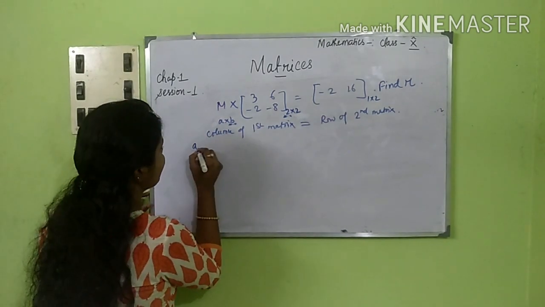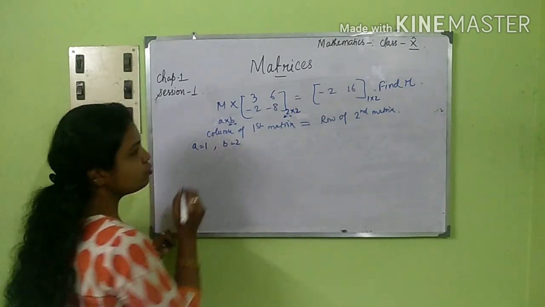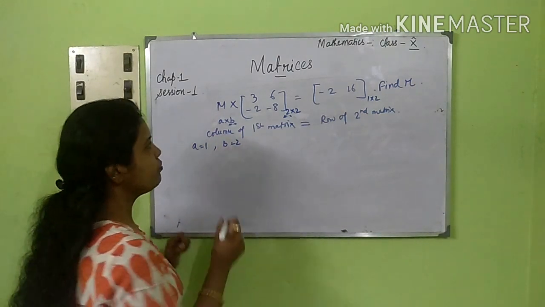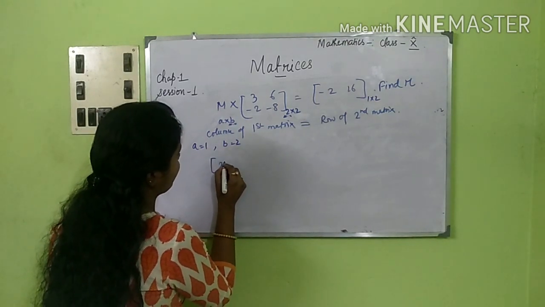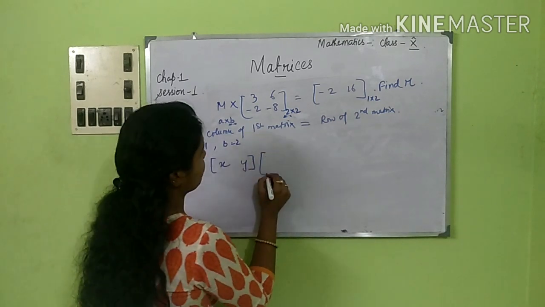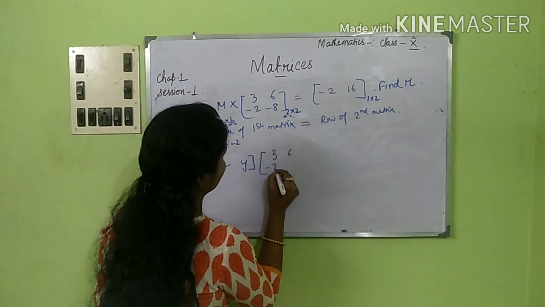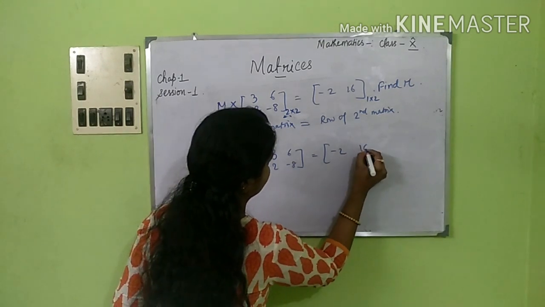So A is equal to 1 and B here is equal to 2, right? So we get the matrix in the form X, Y, okay? A row matrix, and we are having 3, 6, minus 2, minus 8. Now check what the answer is coming to.